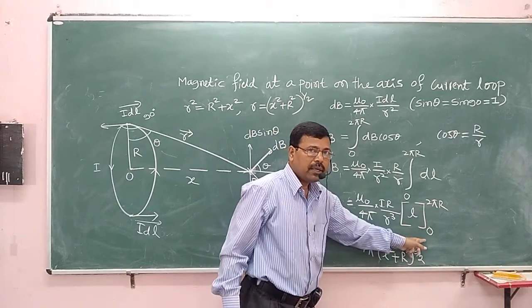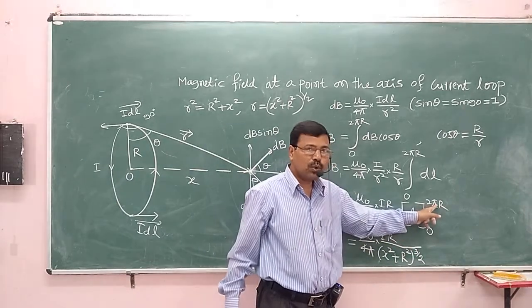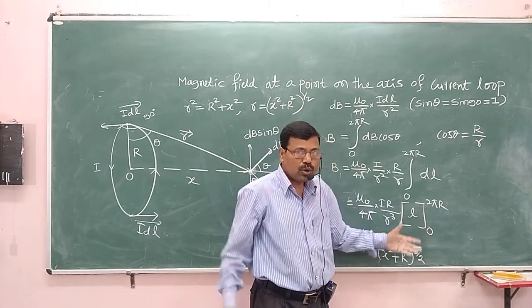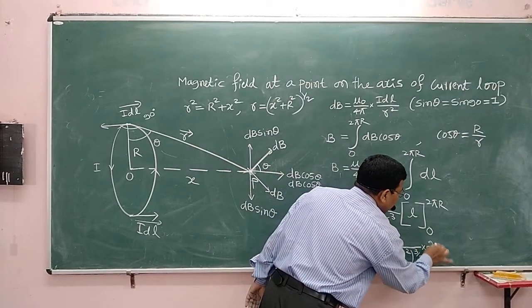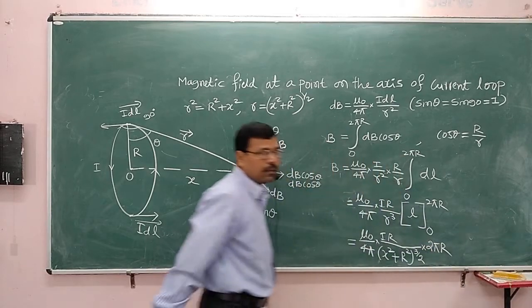Substitute upper limit and lower limit. Upper limit 2 pi r minus 0. So it becomes 2 pi r. I will write here it is 2 pi r.